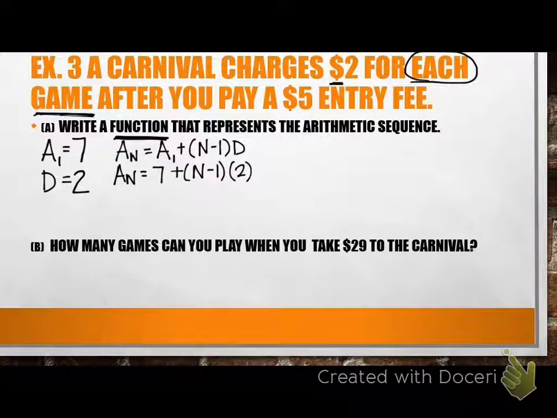Now, what is step number 2? I have found and plugged in A sub 1 and d. What am I supposed to do next? Distribute. Victoria, what am I distributing in this problem? The 2. All right, so again, underline, draw arrows.